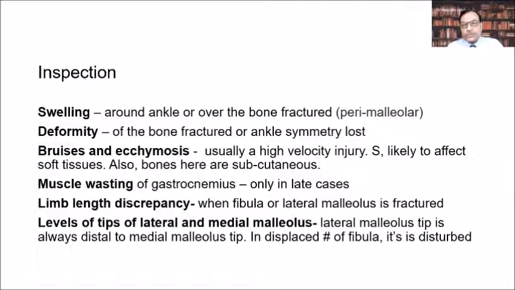Remember, all the bones here are subcutaneous, and so ecchymosis comes easily. Muscle wasting is seen only in late cases, and it will usually be in the gastrocnemius. Limb length discrepancy: there has to be a fracture in the medial malleolus, then only there will be a problem in the limb length.